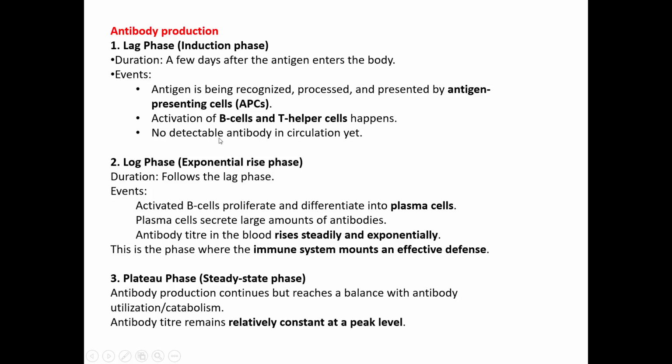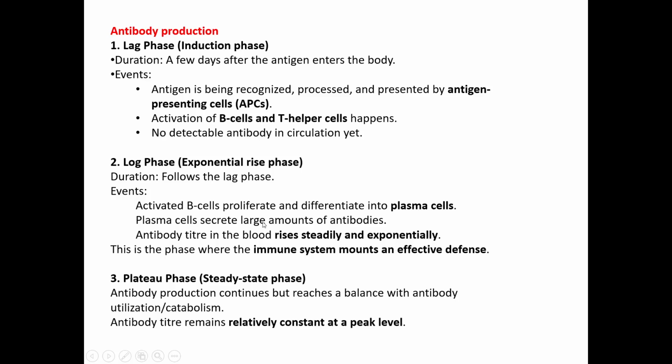But after this, when the B cells are activated properly and they proliferate and the plasma cells start secreting the antibodies, then we have the exponential rise in the antibody phase. So this phase is after the lag phase, after the recognition process by APCs and then activation of B and T cells. The activated B cells will proliferate and then differentiate into plasma cells.